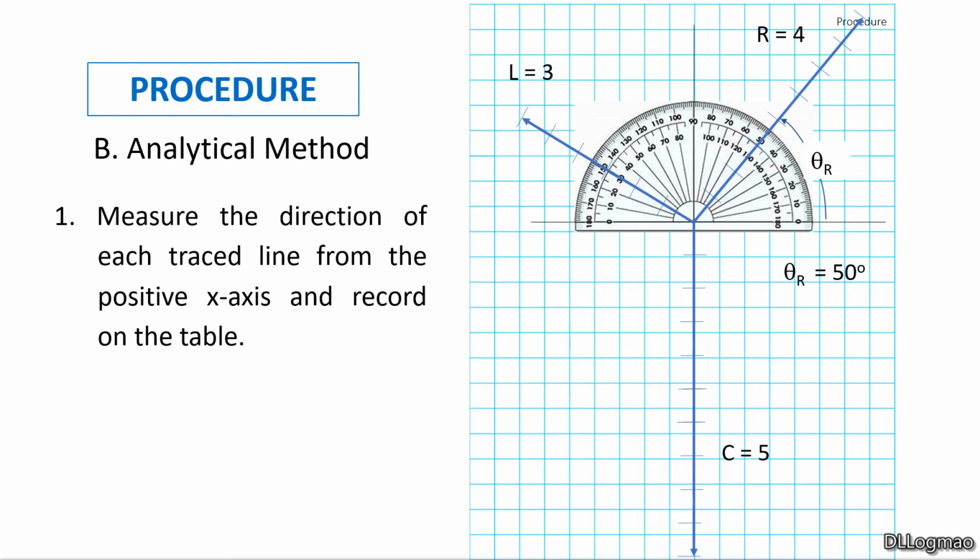The direction of the left chord, or the left vector, theta sub L, is 150 degrees. And the direction of the center vector, or the center chord, is 270 degrees.